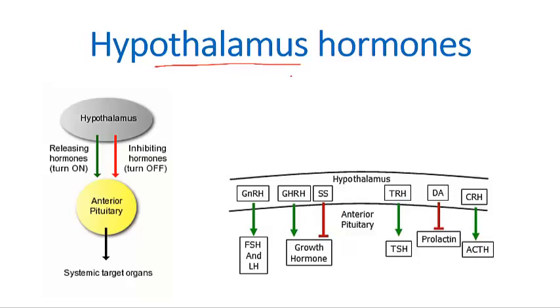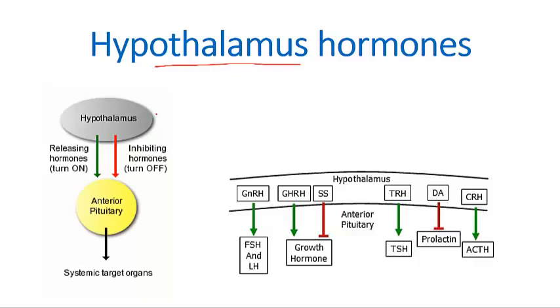Okay, so if we look first at the hypothalamus, the hypothalamus has clusters of neurons that secrete different types of neurohormones into the circulation of our blood. And if you look here, there are different regions in the hypothalamus. Actually, it's known as the paraventricular and supraoptic nuclei that are a part of the hypothalamus.